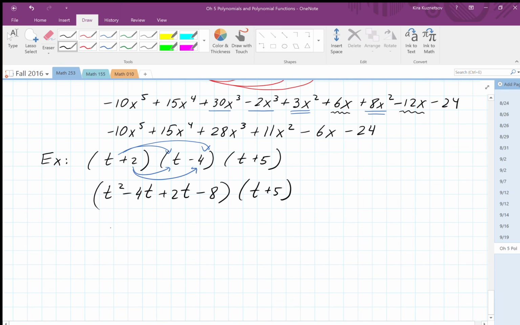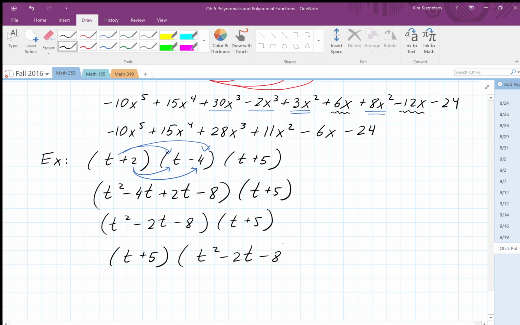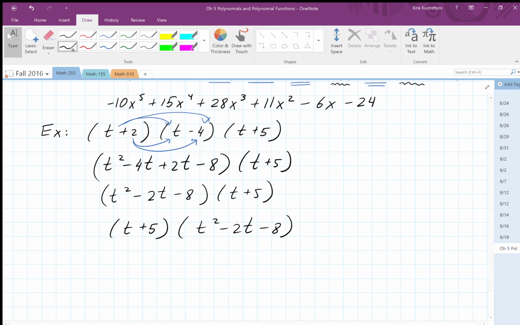Collect like terms, you'll end up with t squared minus 2t minus 8 that I want to multiply by the second parenthesis. Sometimes it's easier to rewrite the smaller polynomial first and then your higher polynomial second. And then continue with your multiplication.